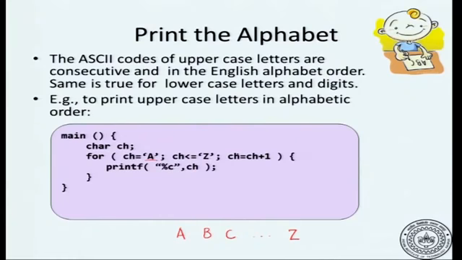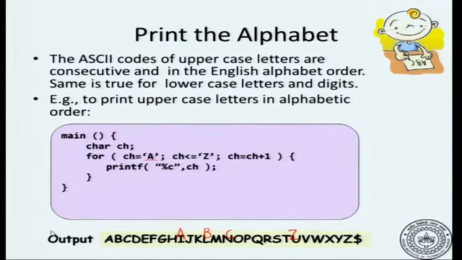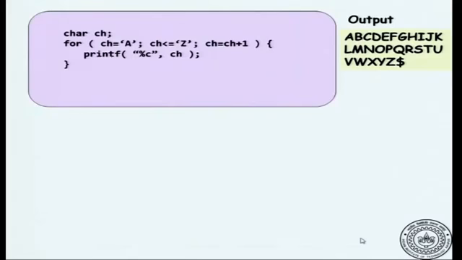It will update once more, to the ASCII character next to Z in the ASCII table. We don't really need to know what it is, but certainly it will be greater than the ASCII value of Z, and at that point we will exit the loop. The output will be consecutively A to Z.